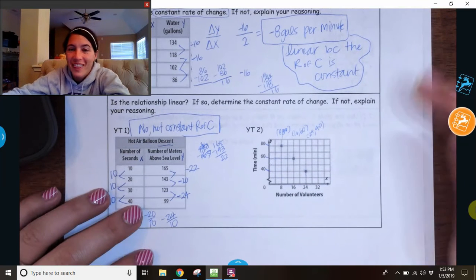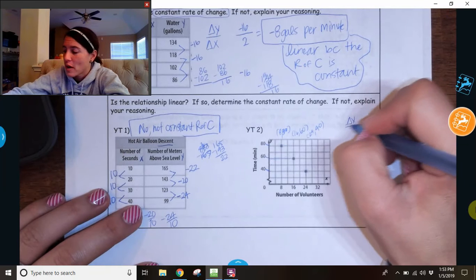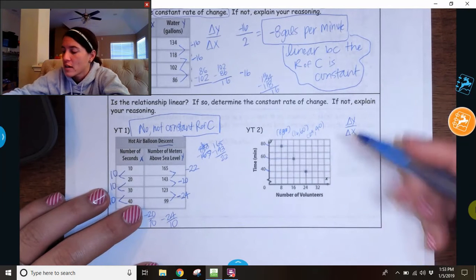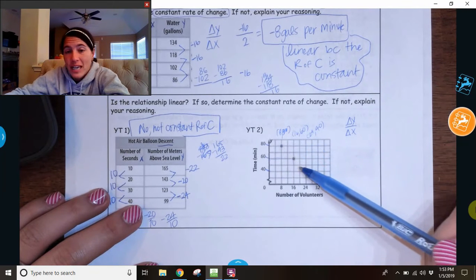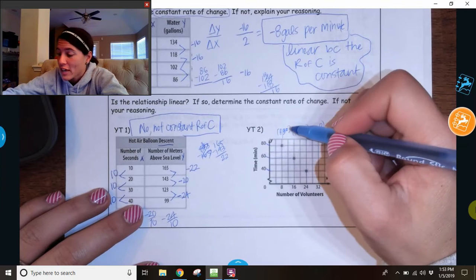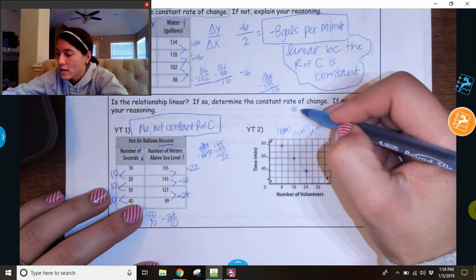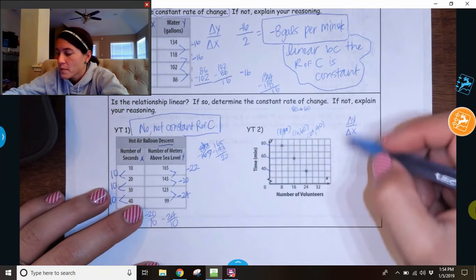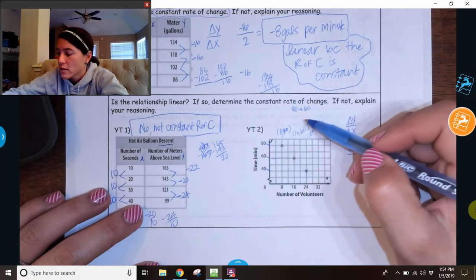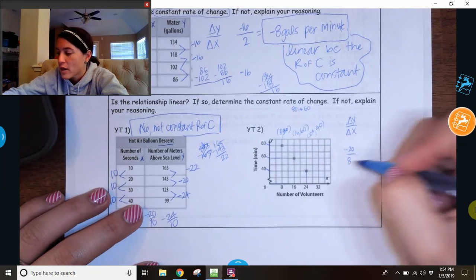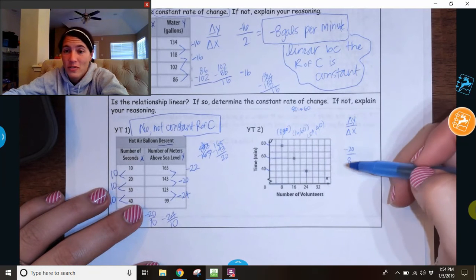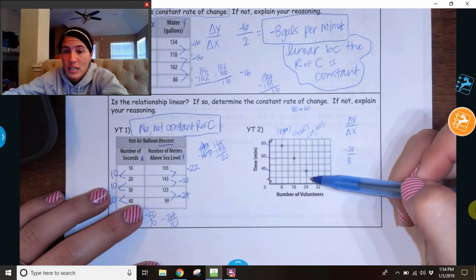So now let's check the rate of change. It's the change in y over the change in x. You can see it's going down, so we're going to have negatives. 80 to 60 is a negative 20, and 8 to 16 is a positive 8. So that's one rate of change. Now let's go from this middle dot to this third dot.